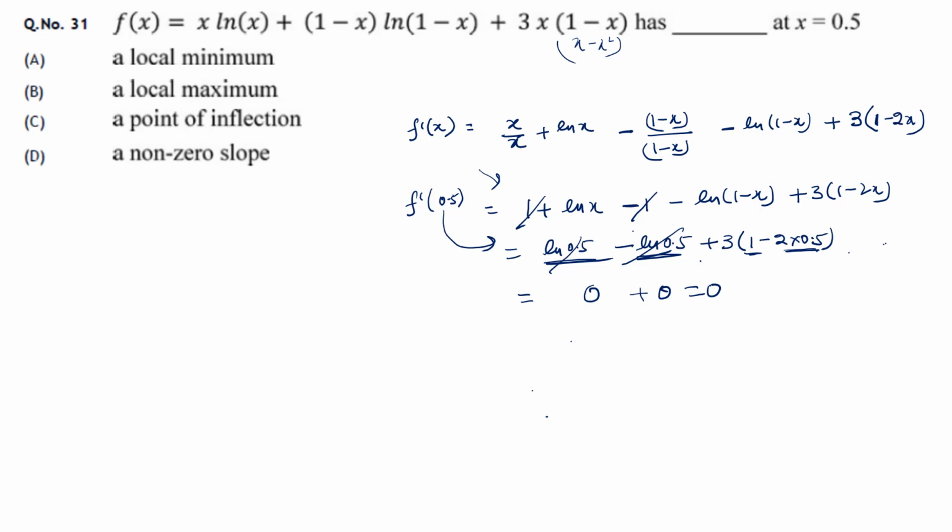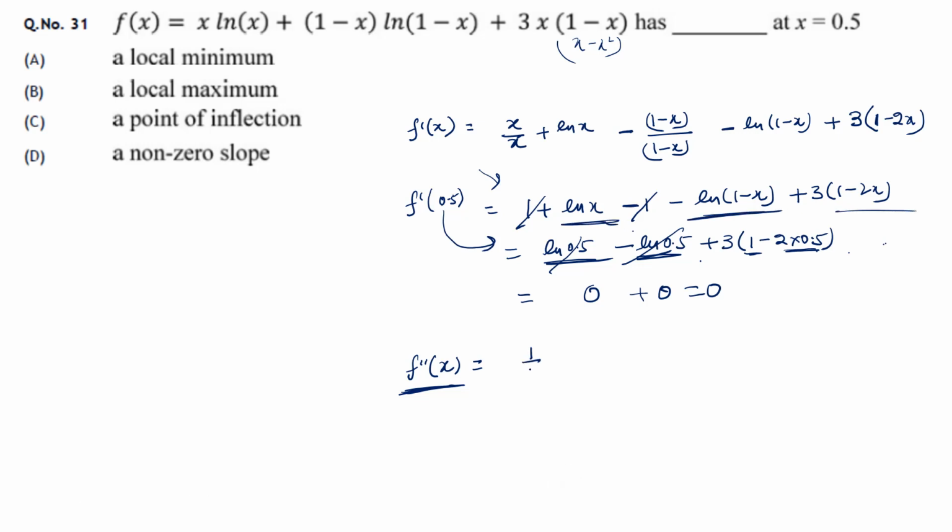So to check that, we need to again differentiate it, right? Because if this differentiation value at 0.5 gives negative, then it will have maximum. If it will be positive, then it will give minimum, right? Okay, so now if you differentiate it again, so what is the function which we have? This function, right?